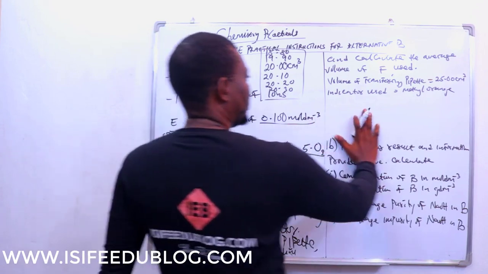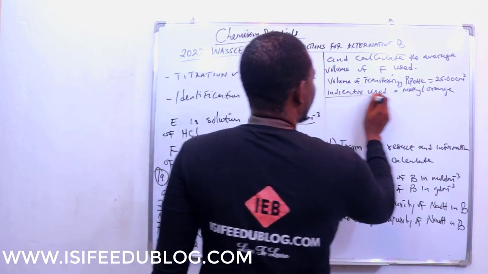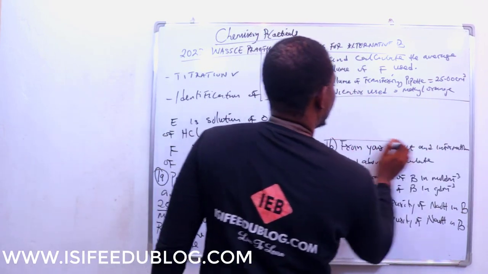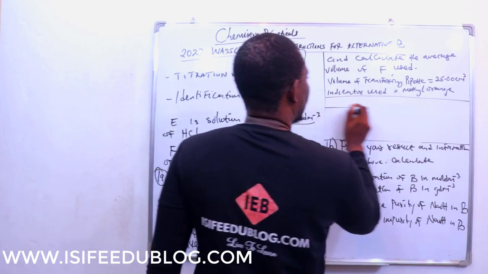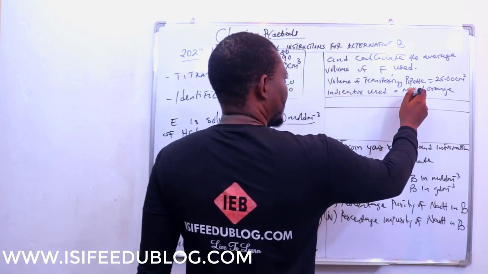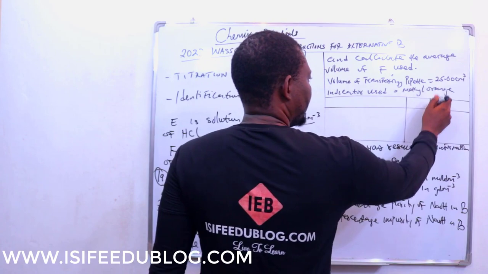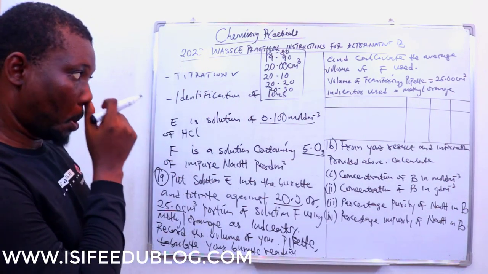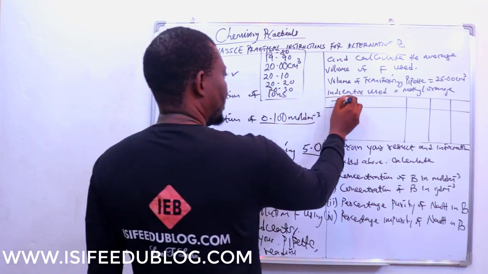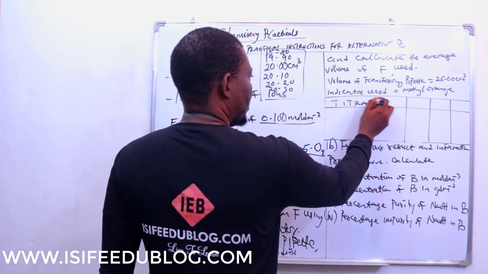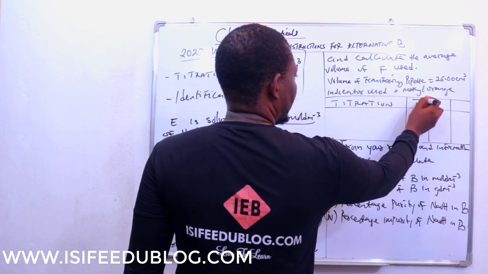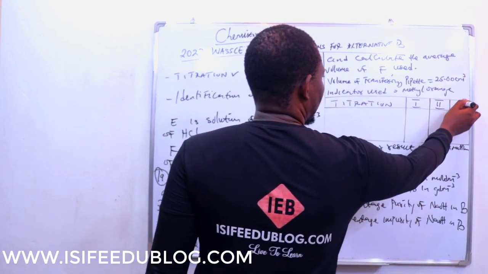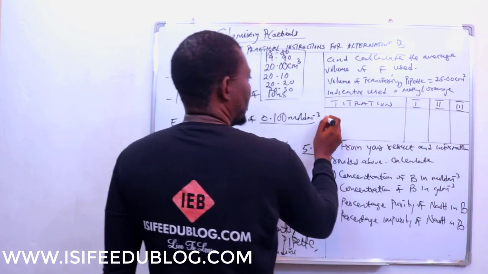Okay, let's use this small space now for the table, which is very, very important as far as this question is concerned. Don't do more than 3 experiments. It's very important you know that. So this is your titration: first, second, third.